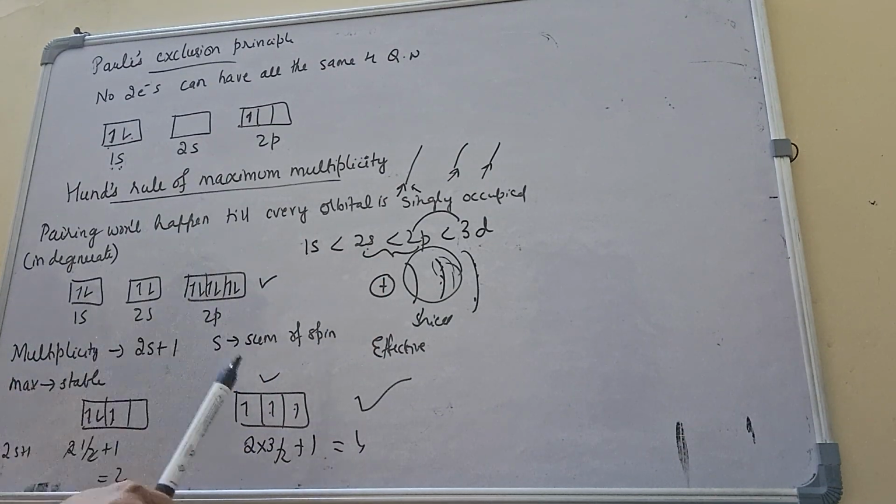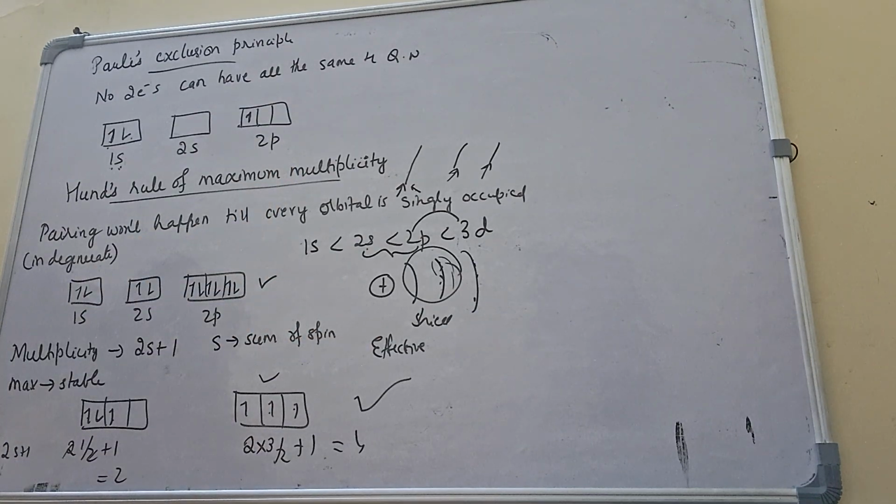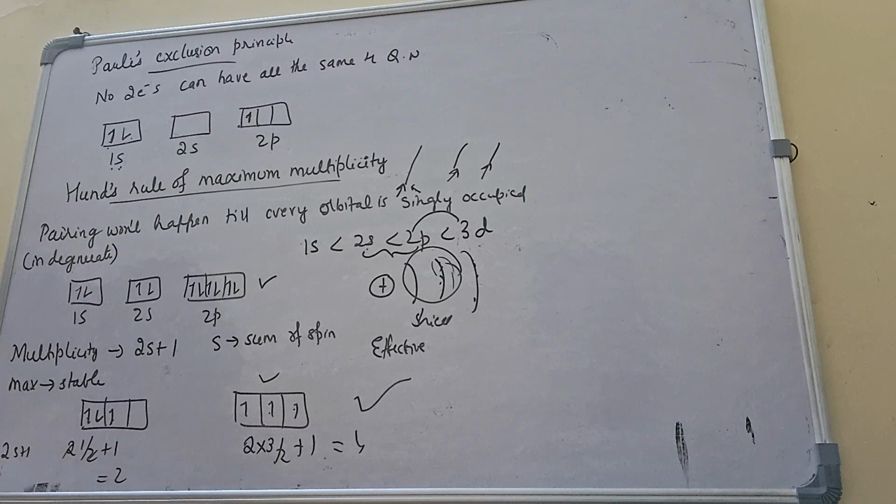The inner electrons act like a shield, and not really prevent, but reduce the extent of attraction by the nucleus towards the outermost electron. That's the reason there is a difference in the energy levels. All right, having understood this, this is all you need to know.